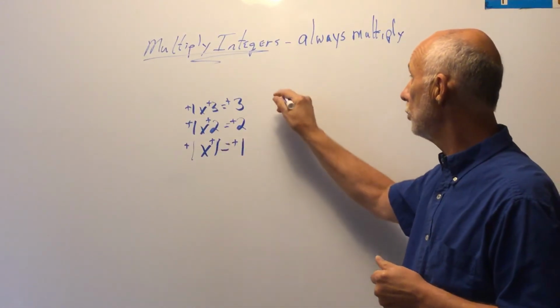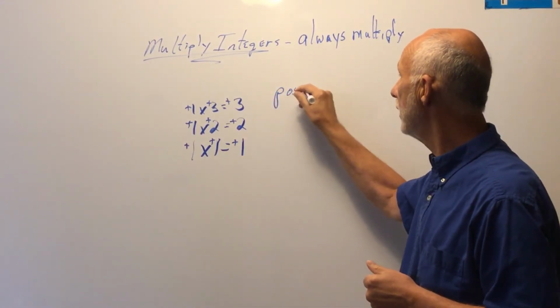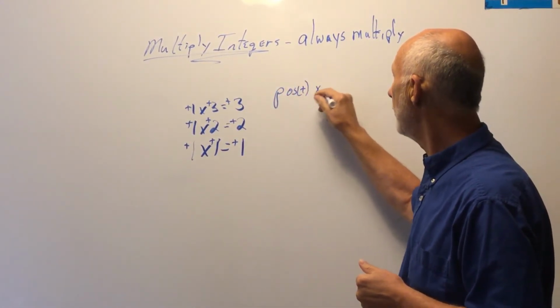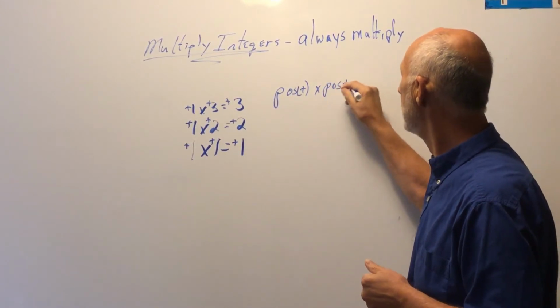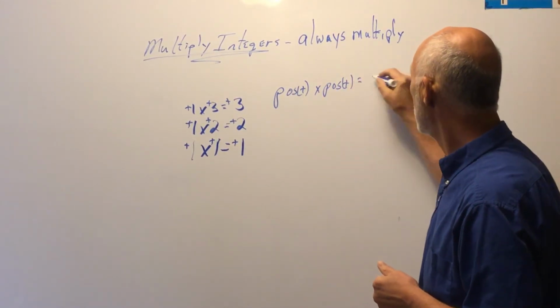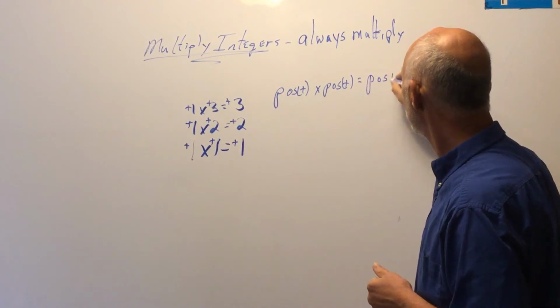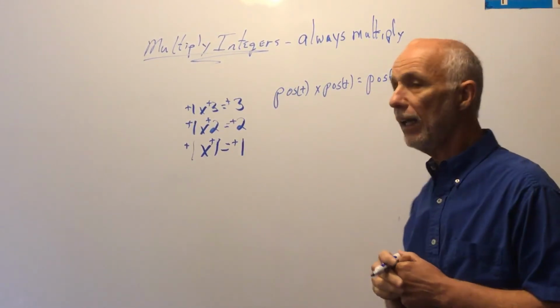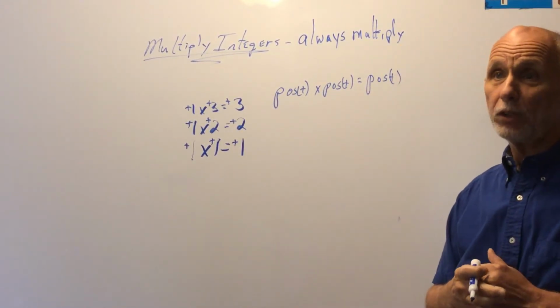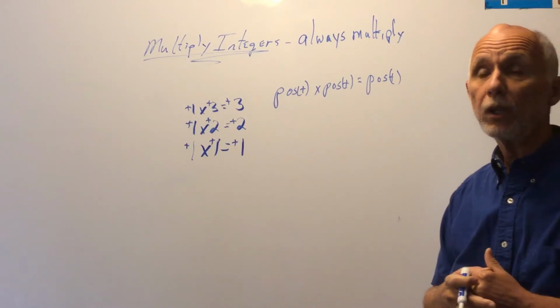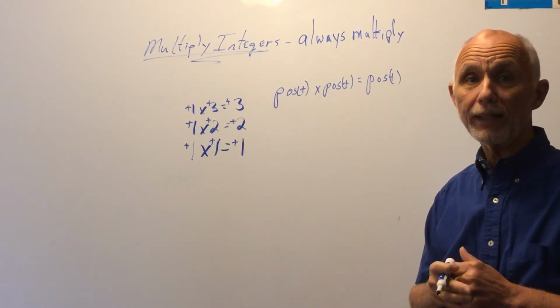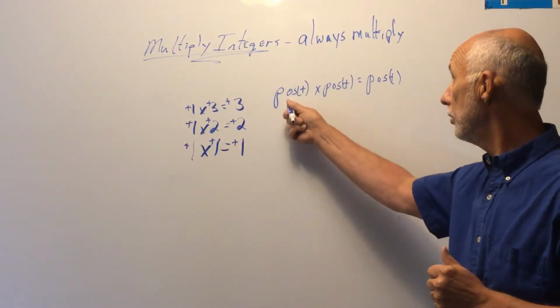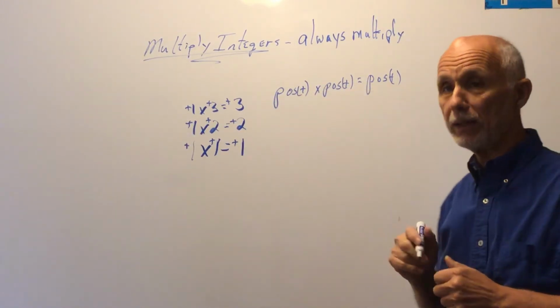So what does that rule say? It says a positive times a positive equals a positive. And that one should not cause you any trouble, because that's what you've used ever since you learned to multiply, like in 3rd grade. A positive times a positive is a positive.